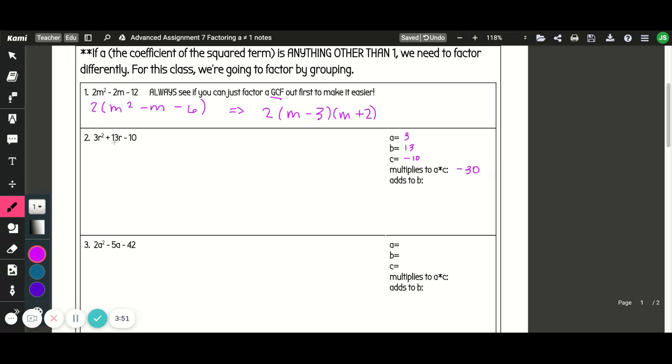They still have to add to B, which is 13. It might take you a few tries going through with your calculator. What goes into 30? It could be 1 and 30, or 2 and 15, or 3 and 10, or 5 and 6. So it might take you a few times to figure out what those two numbers are that add up to 13.